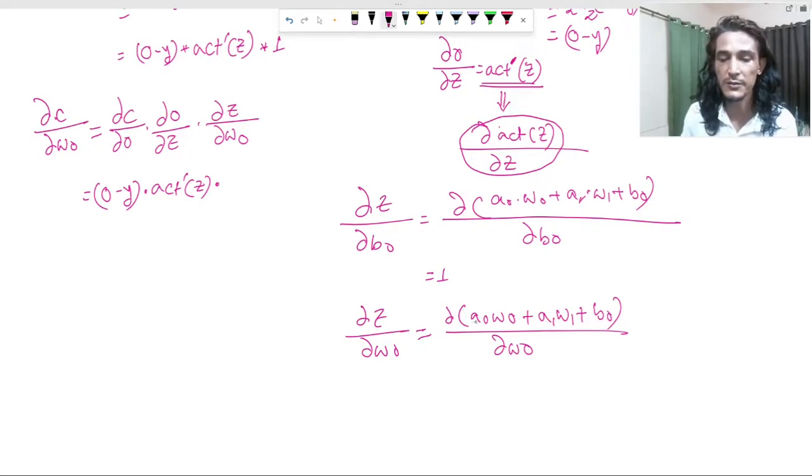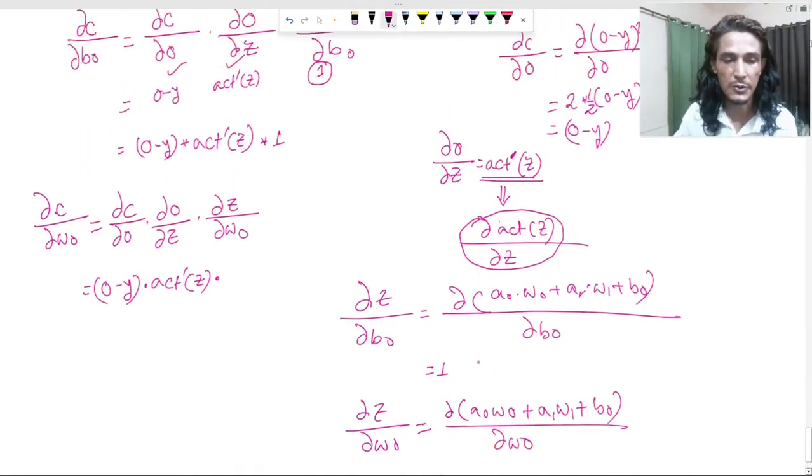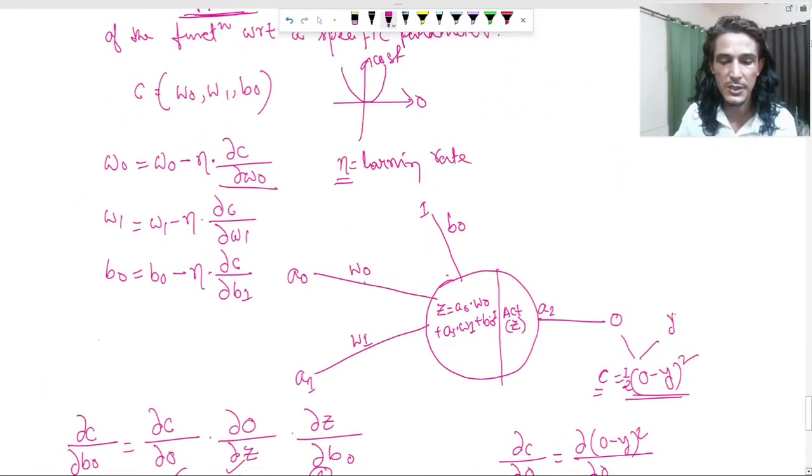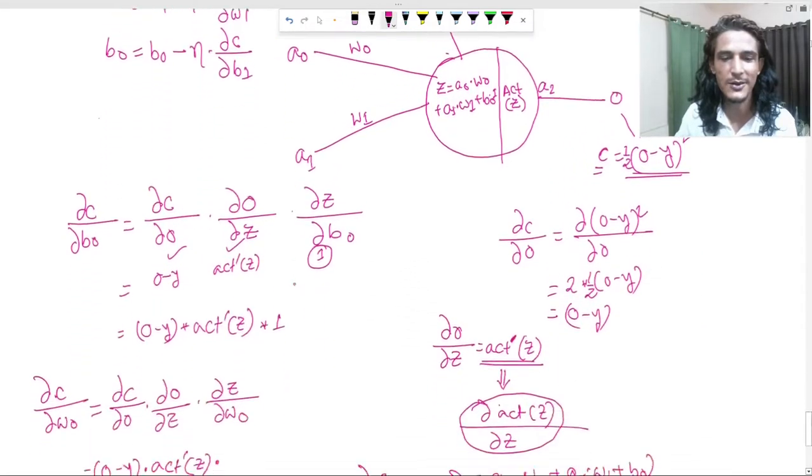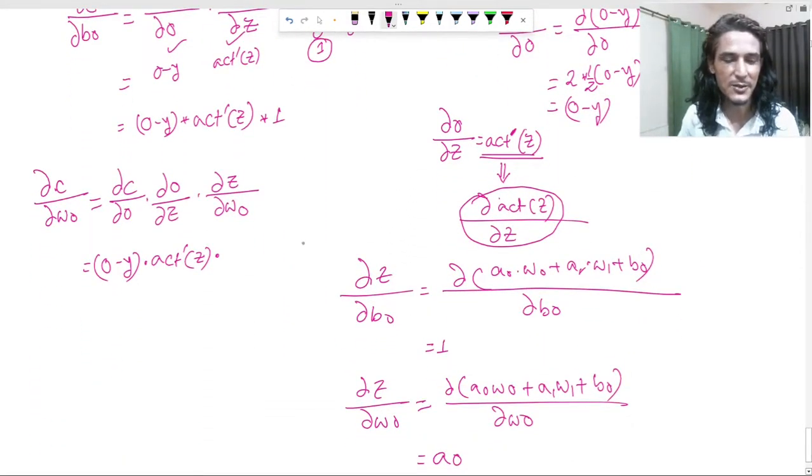So the rate of change of A0 W0 with respect to W0 is A0, the corresponding input. How much we have to change this depends on the value of A0. So that's interesting actually. So O minus Y, the activation derivative, and then dZ by dW0 is the corresponding input through which it is connected.